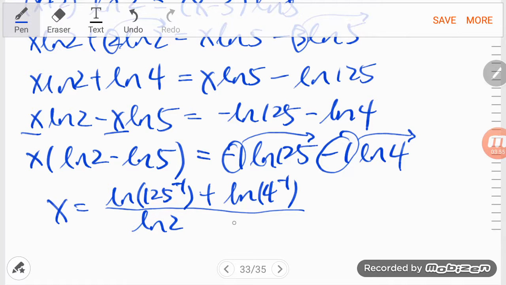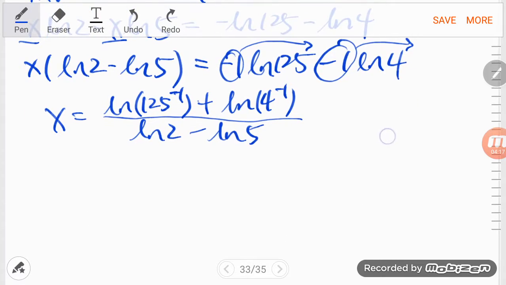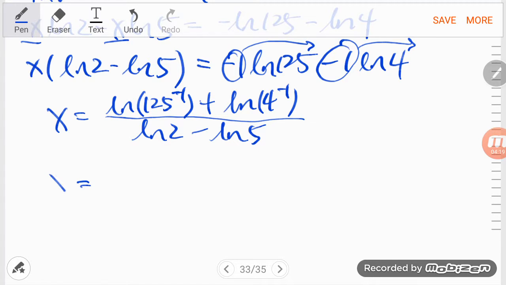Now, if I have ln and a plus, that means I can multiply them. And if I have ln and a minus, that means I can divide them, right? I'm just applying the properties. So my x is equal to ln of 1 over 125 multiplied by 1 over 4, over ln of 2 over 5.